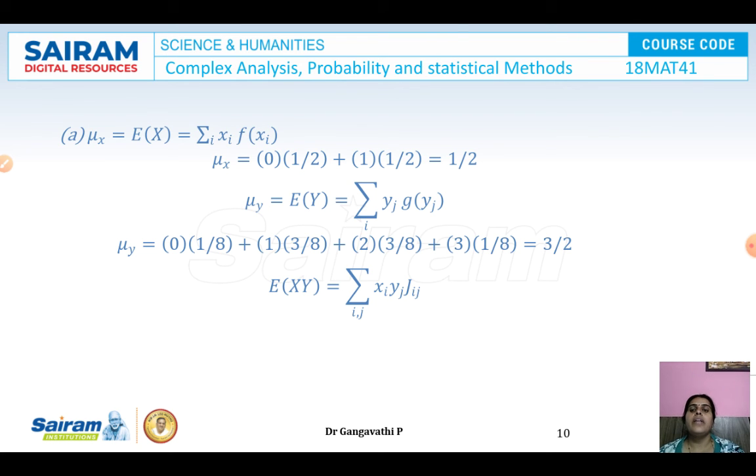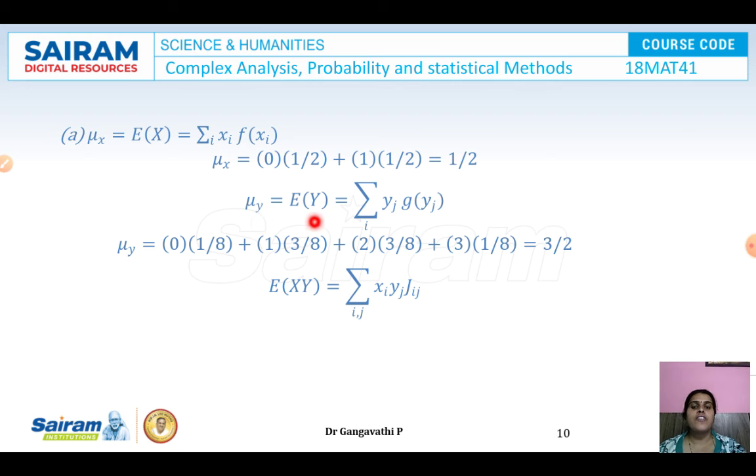Then it has asked us to evaluate the expectation of X. So we know the formula for expectation of X, which is summation xi into f of xi. So mu is equal to, i takes the value 1 and 2, x1 f of x1 plus x2 into f of x2. Substituting the values and simplifying, we get this as half.